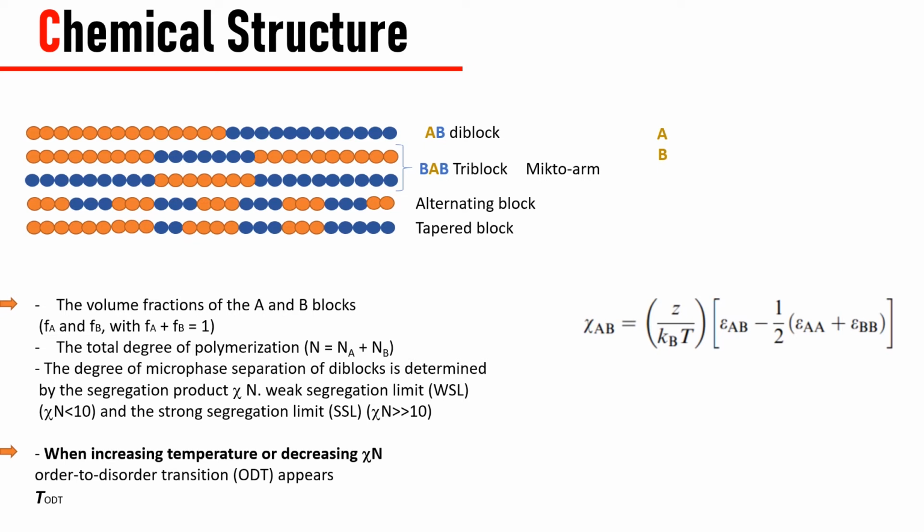We said before it should be higher than 10 or 11 to define it as an amphiphilic block copolymer. Also determine the order-to-disorder transition temperature, TODT.